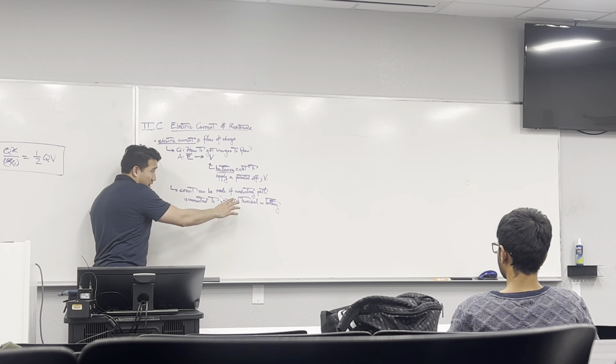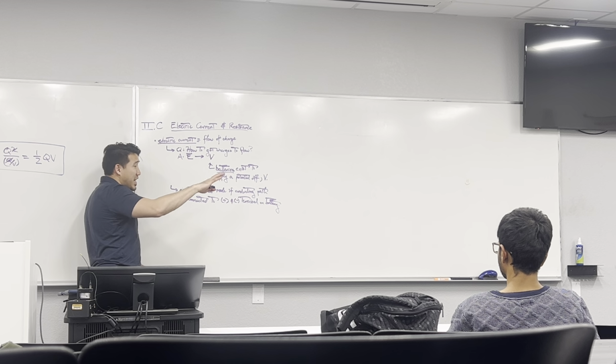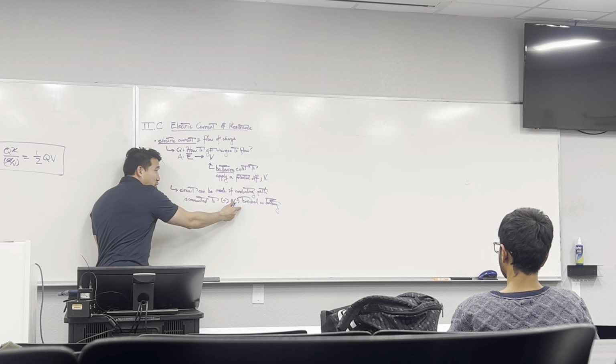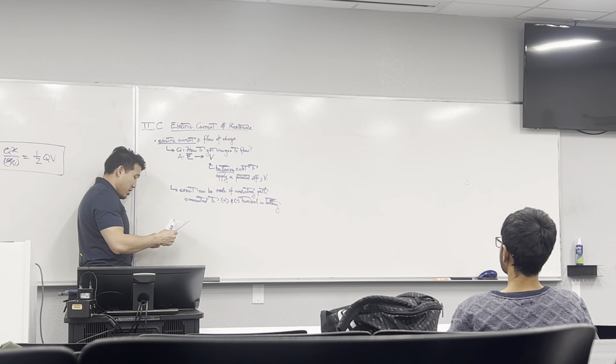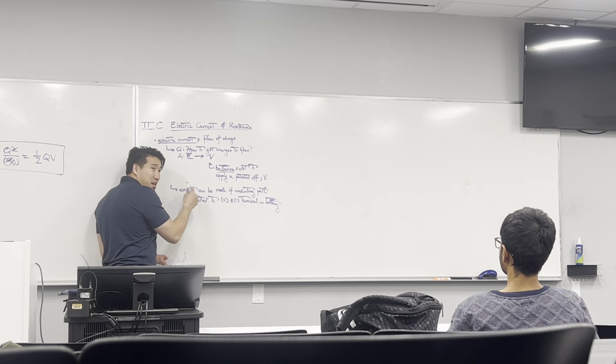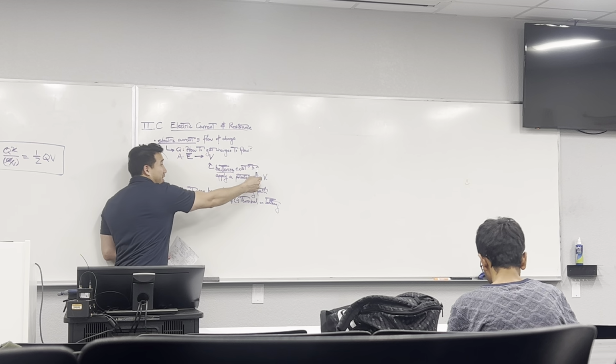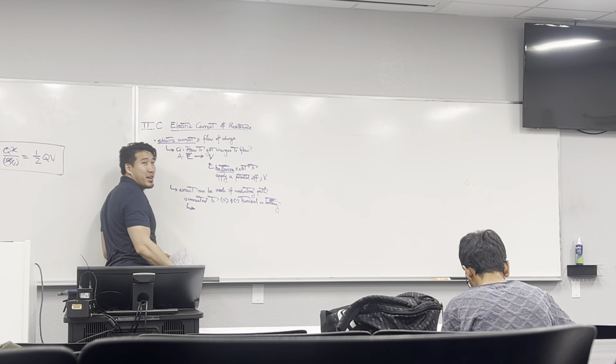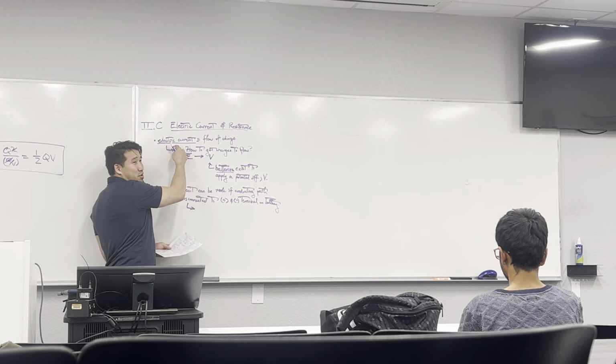So a circuit can be made as long as you have electrical contact from the positive to the negative terminal on the battery. And as soon as this is made, because the battery applies a potential difference V, you're going to get electric current.